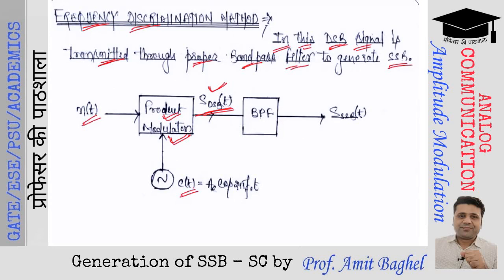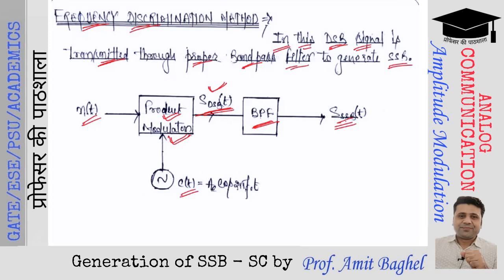This DSBSC signal has two sidebands, upper sideband as well as lower sideband. So we pass this DSBSC signal through a band pass filter having the required cutoff frequencies to generate the SSBSC signal.